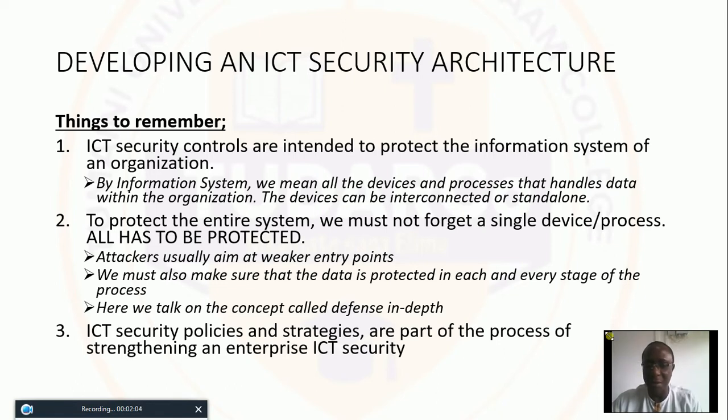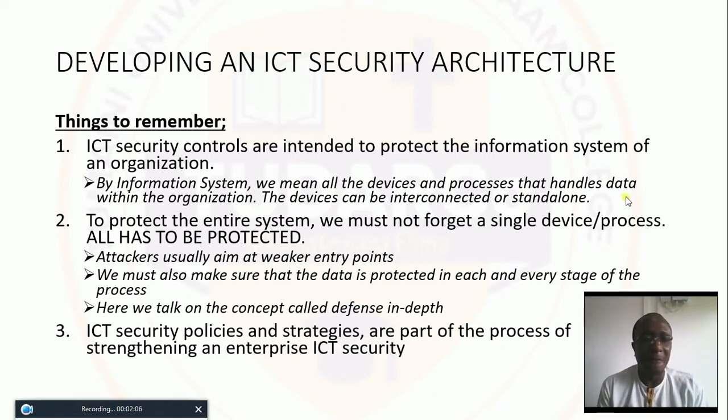An ICT security control or ICT security controls are intended to protect the information system of an organization. That is the primary intention or aim of ICT security control. By information system, we mean all the devices and the processes that handle data within the organization.